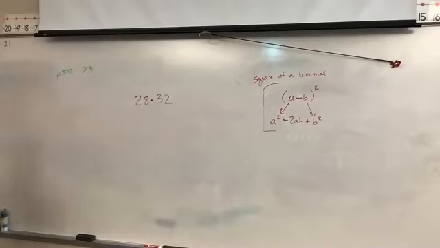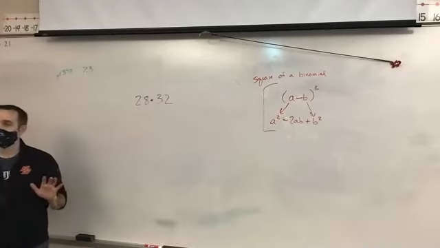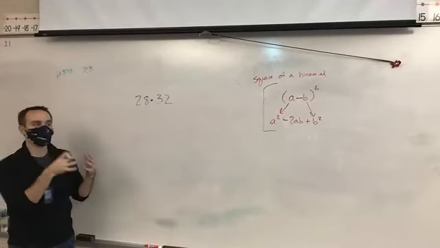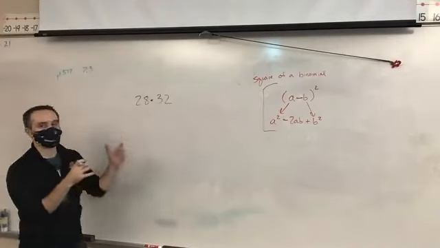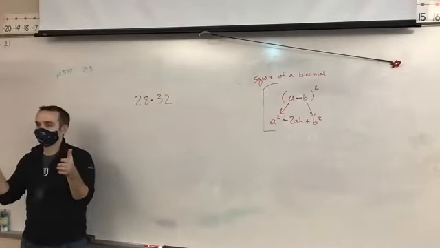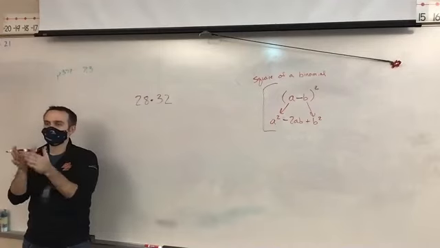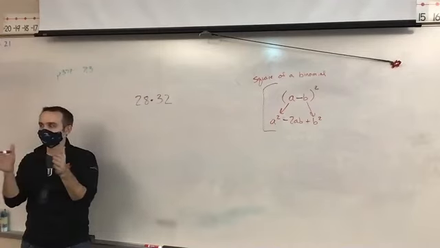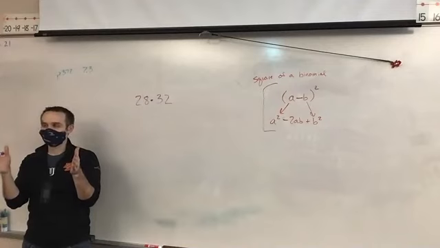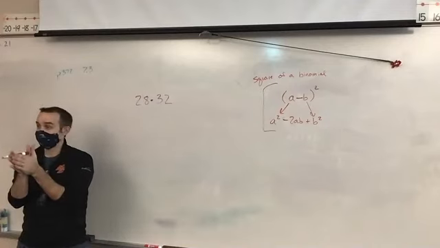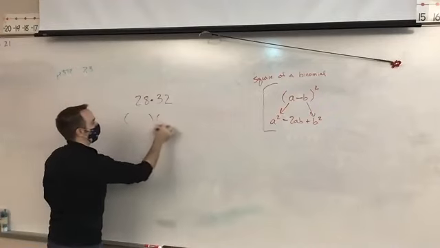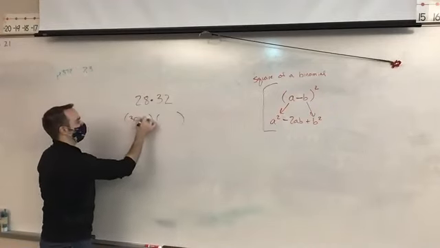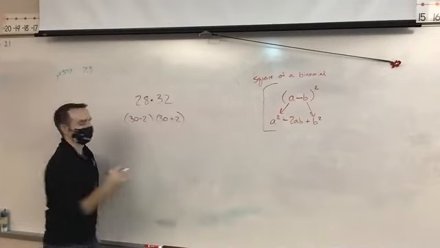We're going to change this, even though there are no variables, into two binomials. What number is exactly between 28 and 32? 30. Thank you to the one person that got that right away. Between 28 and 32, the exact middle is 30. So I'm going to change this into 30 minus 2 and 30 plus 2.